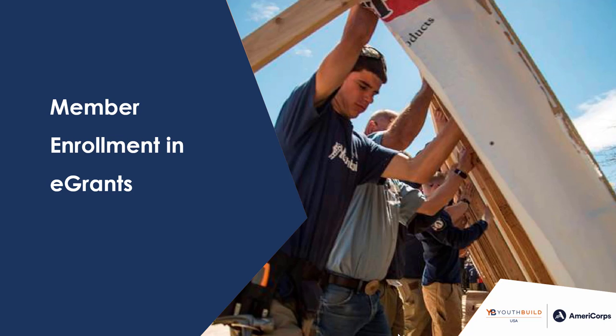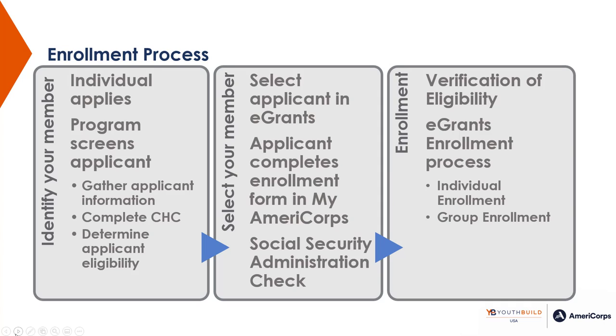So in terms of what we're going to cover, we're going to focus on the enrollment process from start to finish with a particular emphasis on eGrants. I'm going to mention a few things that are necessary for the enrollment process, but I'm not going to go into great depth, for example, with criminal history checks.